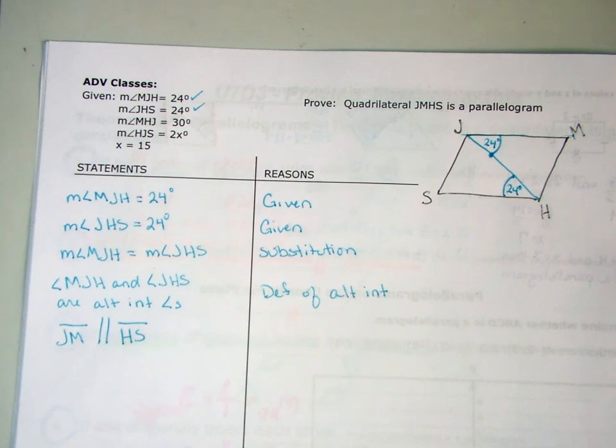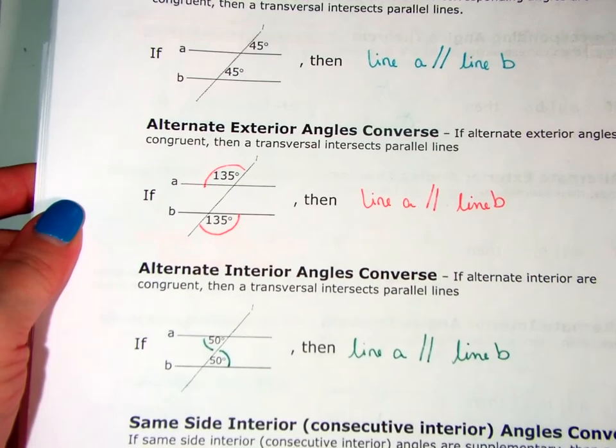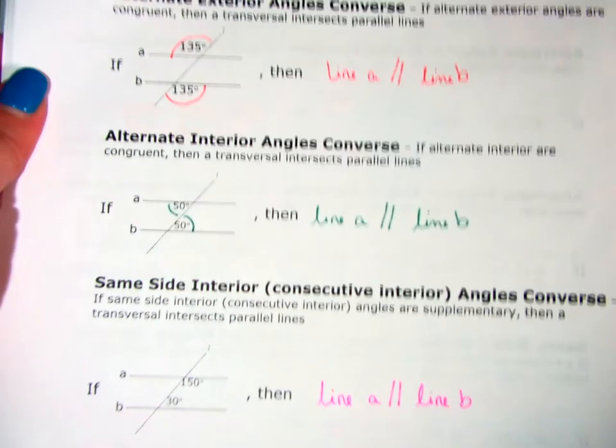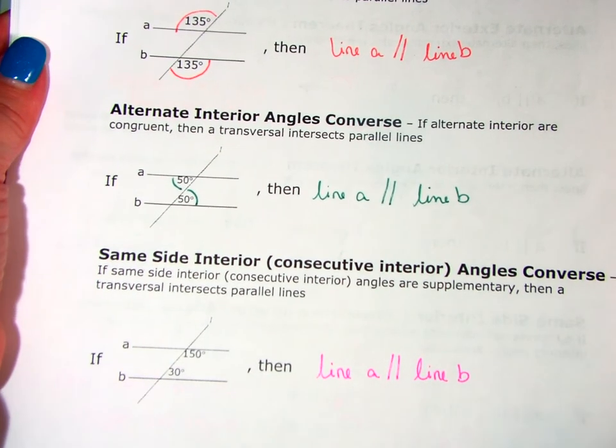Do you remember what I said we're going to use for our reason from back here on day 12? Almost. You're missing one word on the end of it. Alternate interior, not exterior, angles, converse.